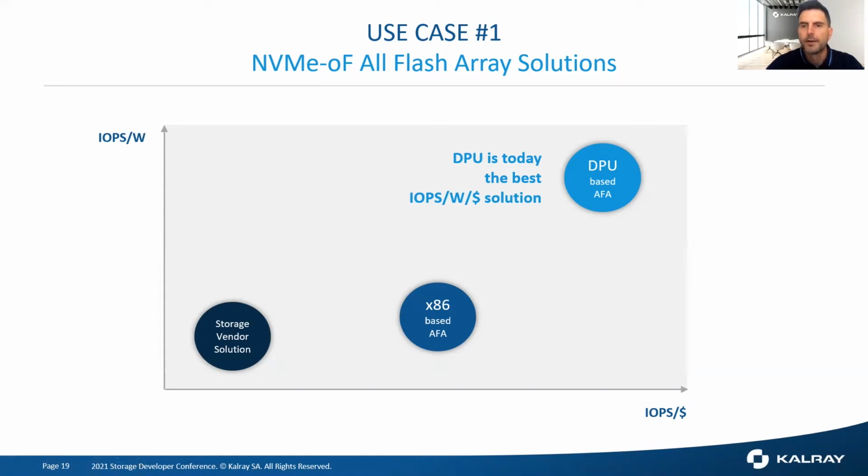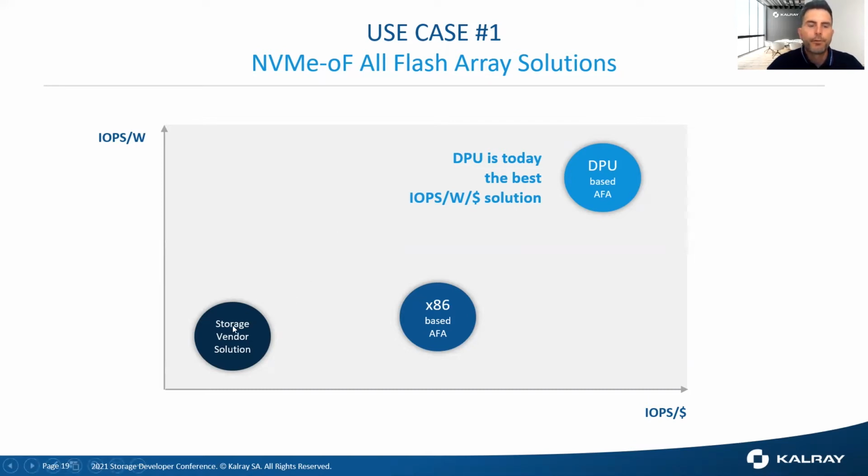So basically, this is a very good indication of the TCO optimization you can get from switching to one solution. And the second KPI that is of interest is IOPS per watt, because power consumption is becoming really an issue in data centers. So we think this KPI will become more and more important in the future.